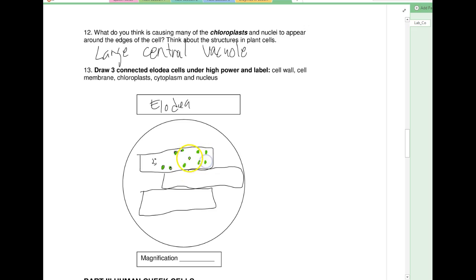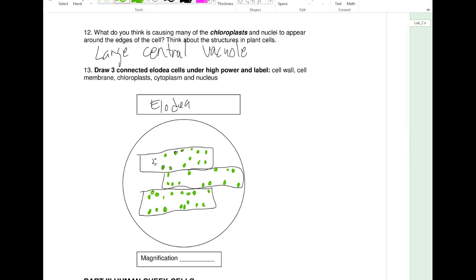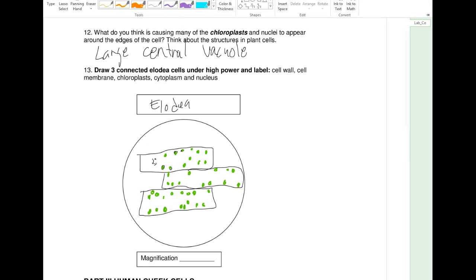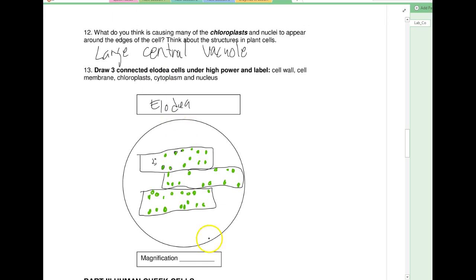You add all these guys in there, and a lot of the times they're pushed around the edges of the cell, because of the central vacuole. You probably zoomed in at 400 times. So the cell wall's on the outside.